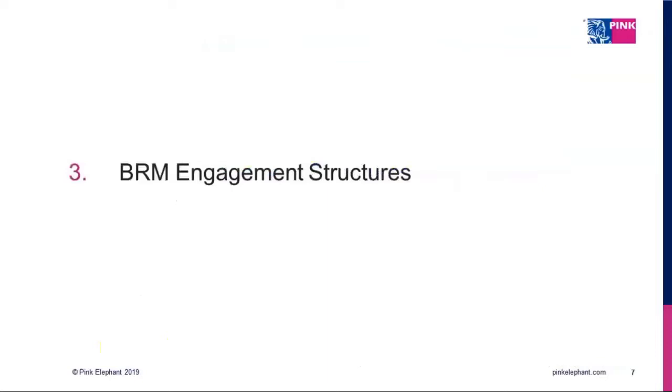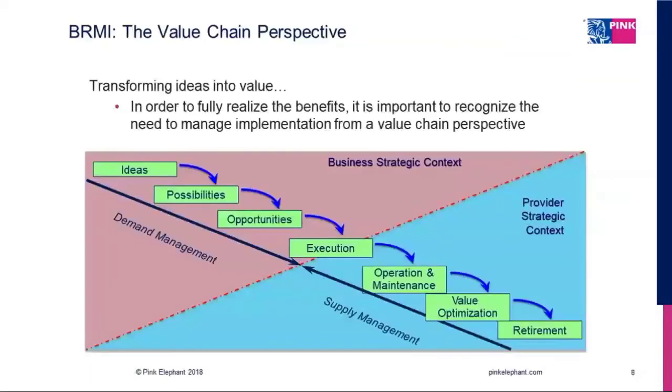So to support that framework and to provide a bit of a concrete structure, the first one, which I like a lot and gives them a recommendation that this helps to avoid mistakes, start thinking about a value chain perspective. Again, this is from the BRMI body of knowledge. And we need to think about end-to-end value, which involves demand shaping and demand management.